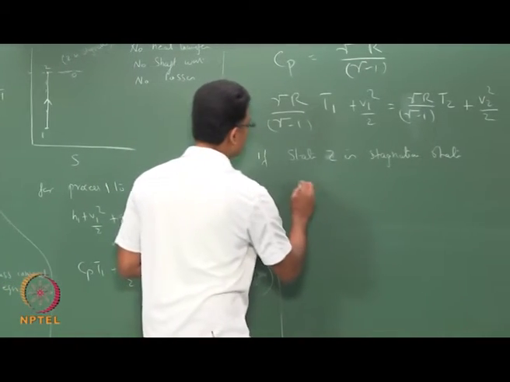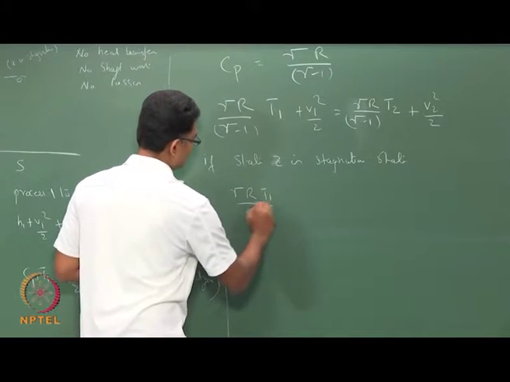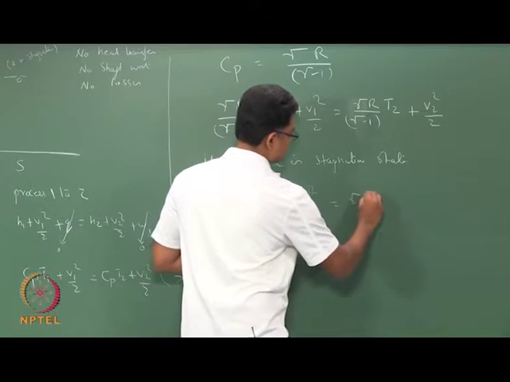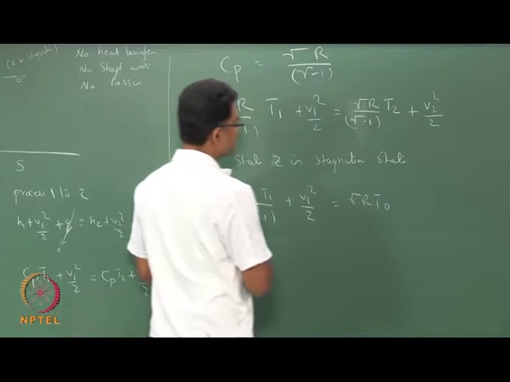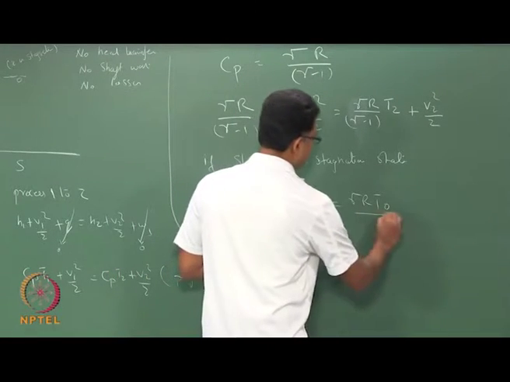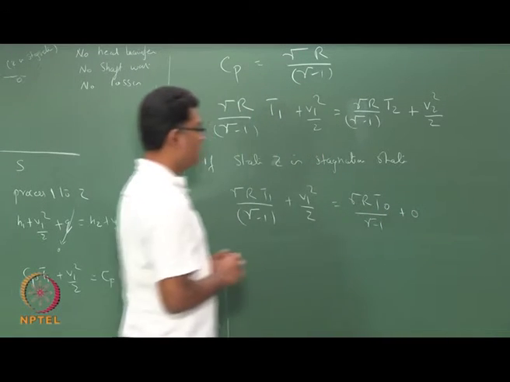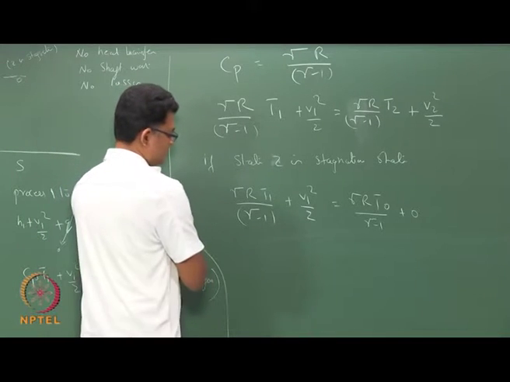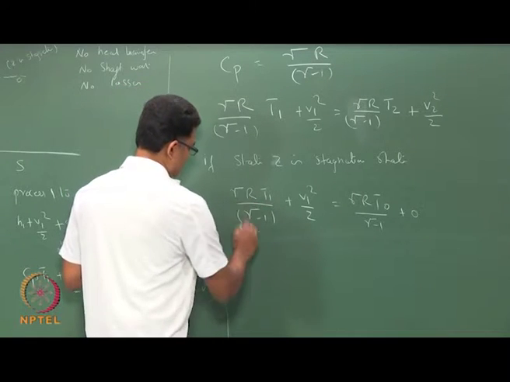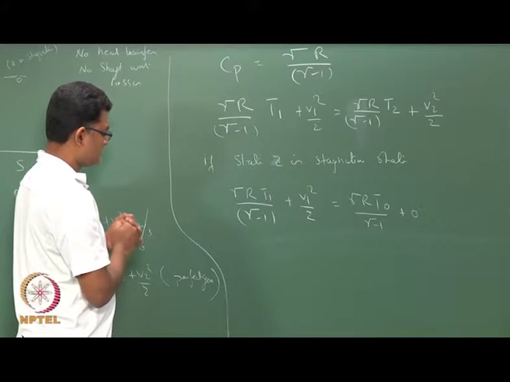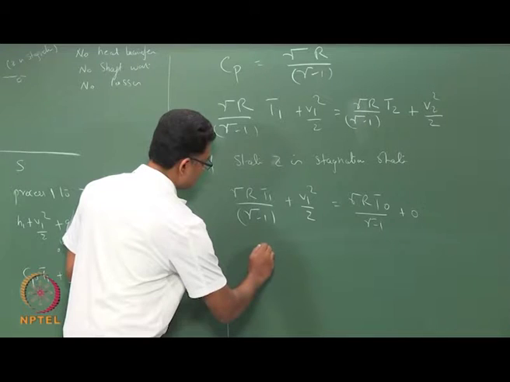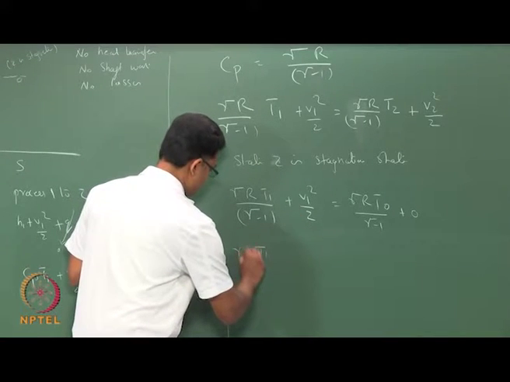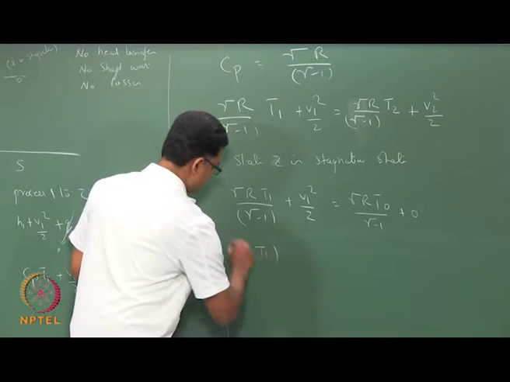So, if 2 is the stagnation, then I can replace the equation as T1 by gamma minus 1 plus V1 square by 2 equals gamma R T0 by gamma minus 1 plus 0, because now V2 is 0. So, gamma R T1, so I multiply this equation with gamma minus 1.